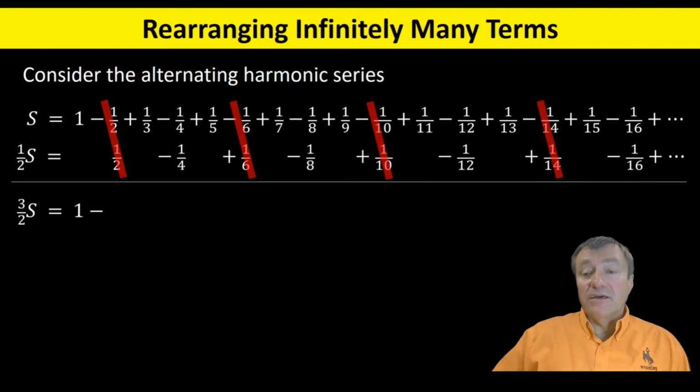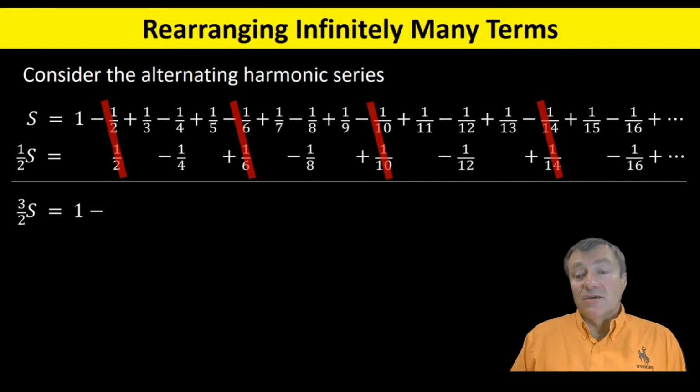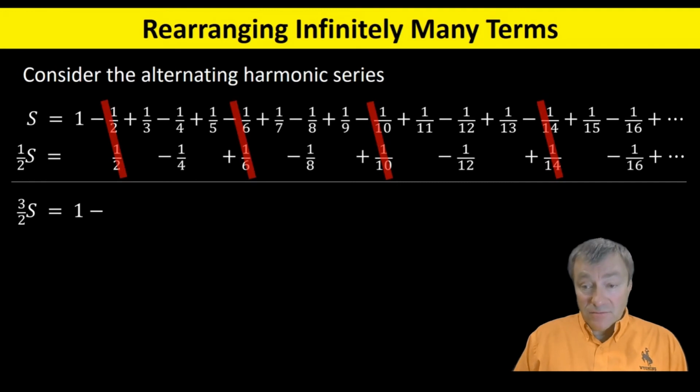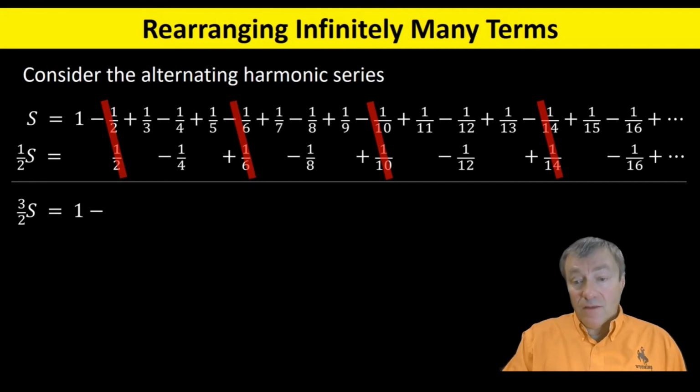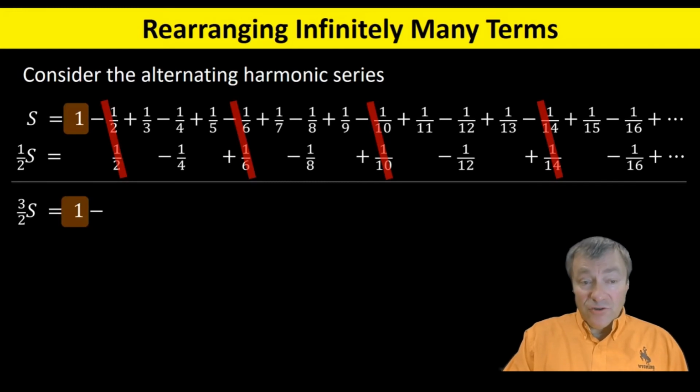Now I'm going to add these two lines, and that should give me a series for 3S over 2. What do we get on the right-hand side? Well, we immediately see some cancellation. So what's left on the right-hand side? The first term there is a 1. That survives.